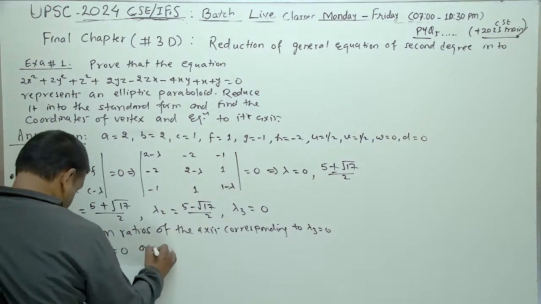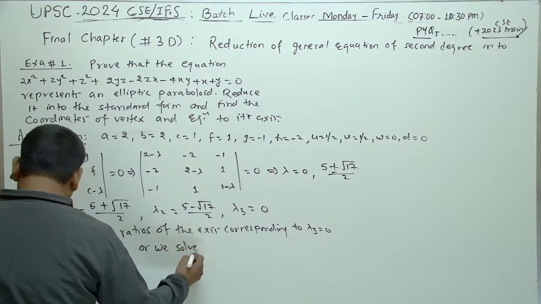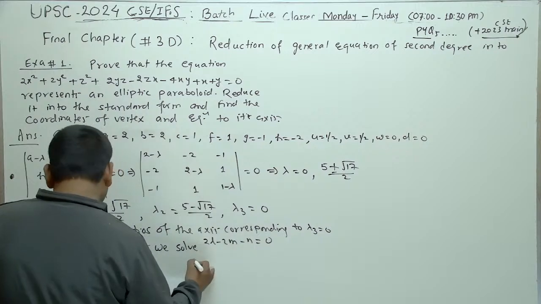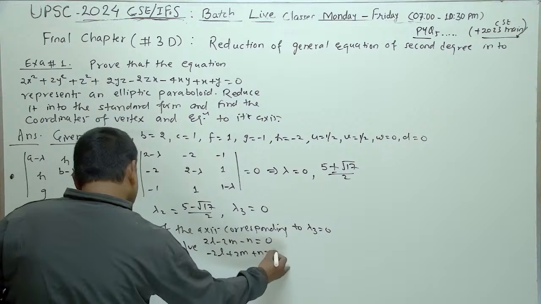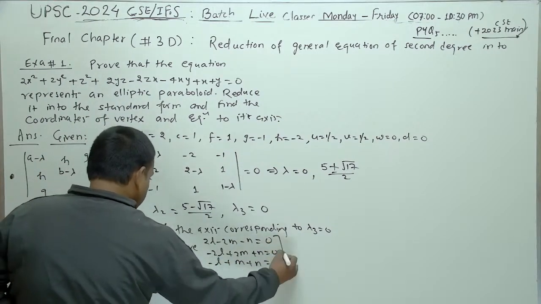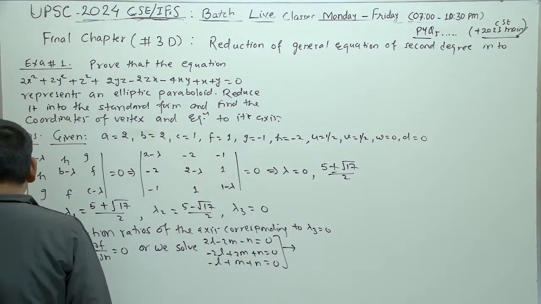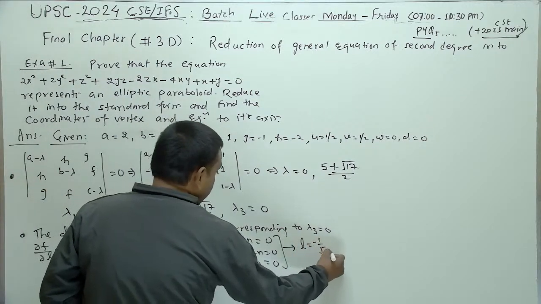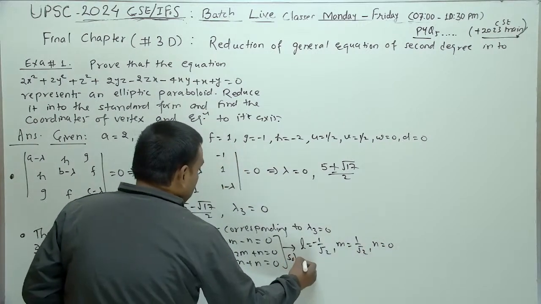It is already told in the working procedure. The equations are 2l minus 2m minus n equals 0, minus 2l plus 2m plus n equals 0, minus l plus m plus n equals 0. So this is giving us l as minus 1 by root 2, m as 1 by root 2, n as 0 on solving.